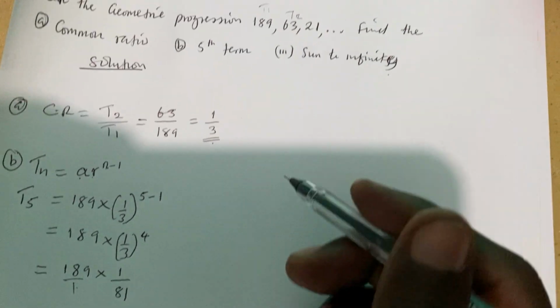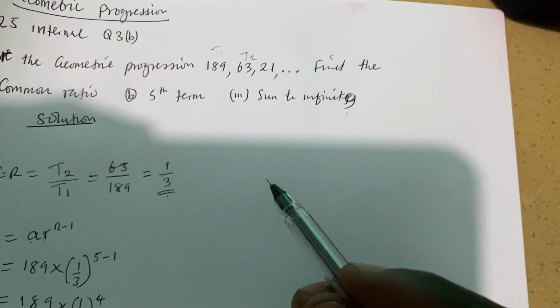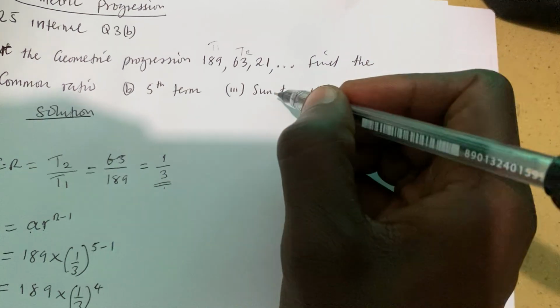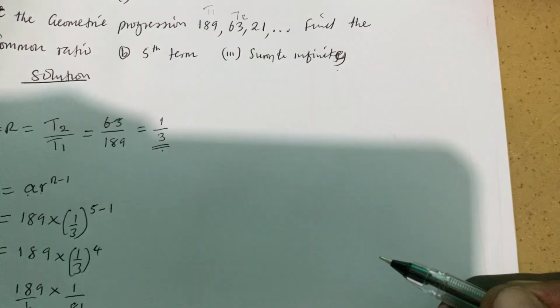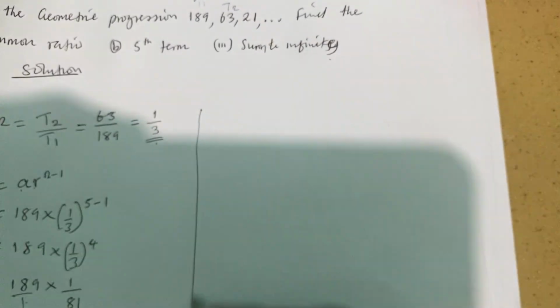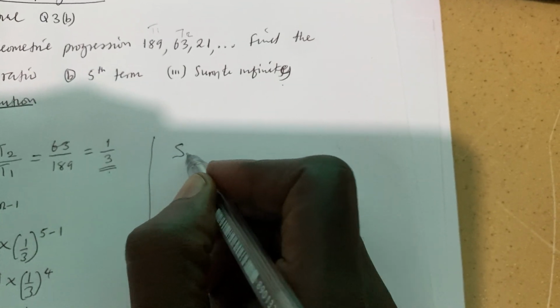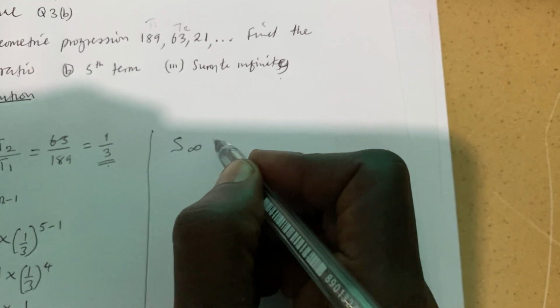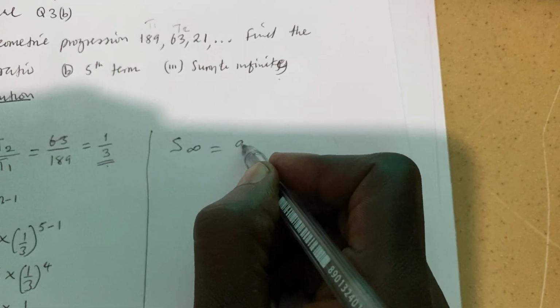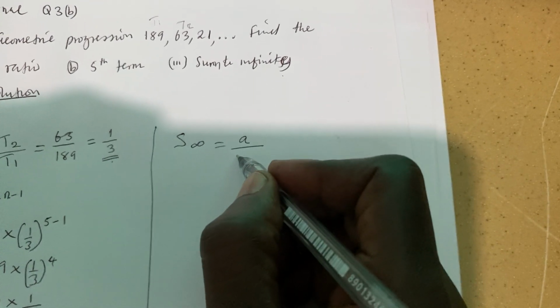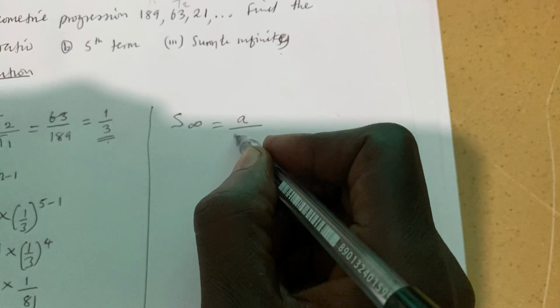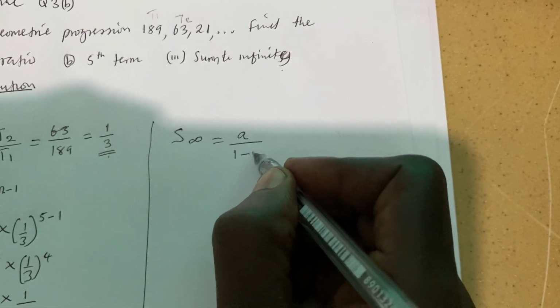Then from there we can proceed by answering the next question, which is sum to infinity. Sum to infinity is given by the formula, and this is the symbol for infinity. It is equal to the first term divided by 1 minus r.